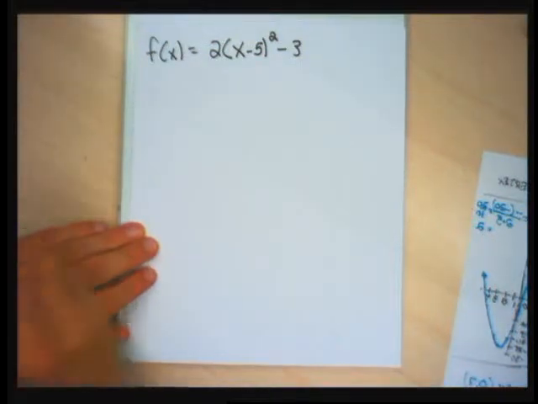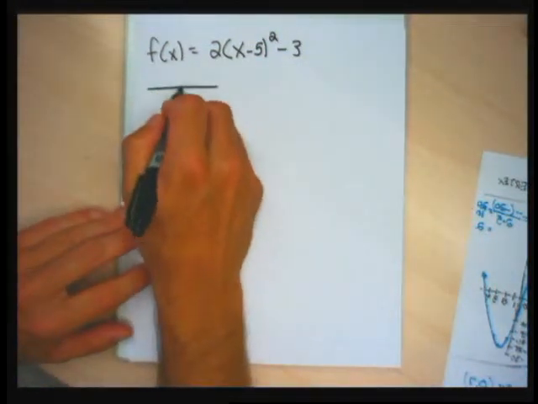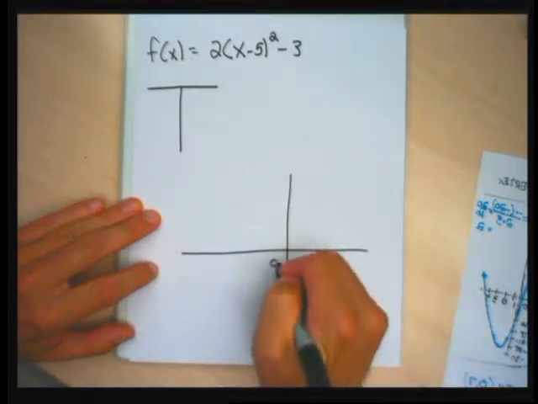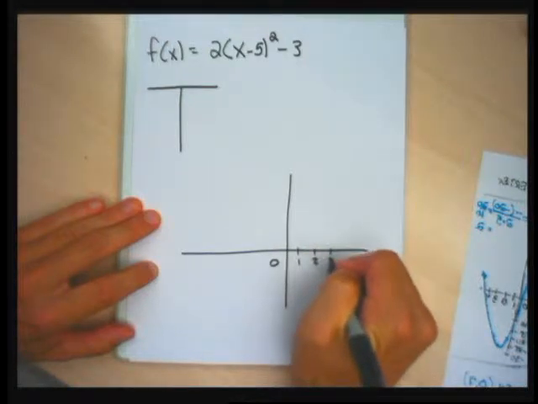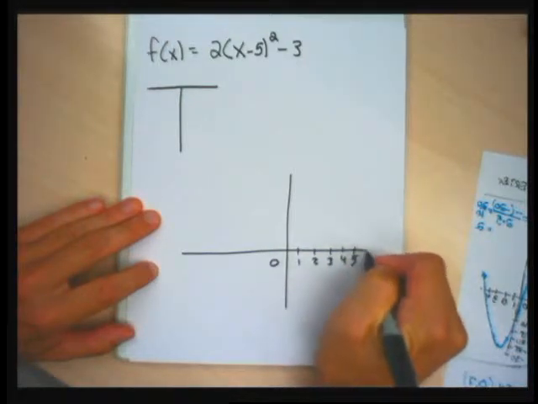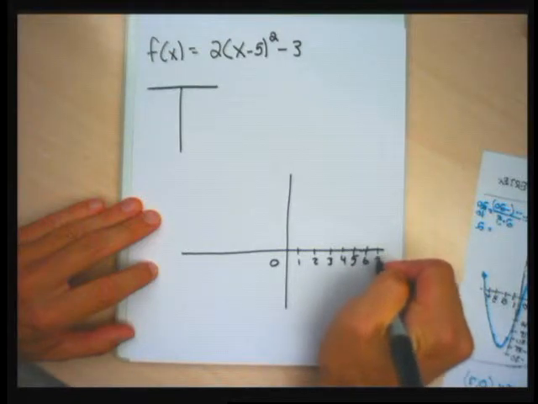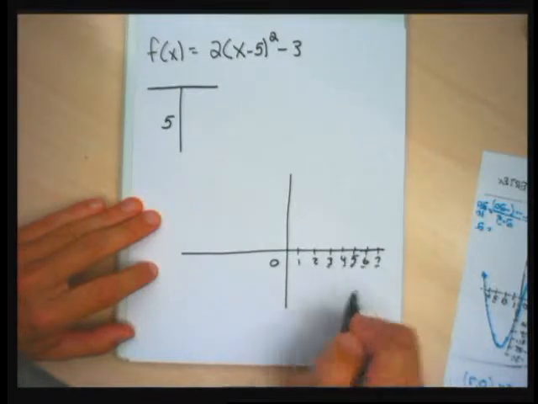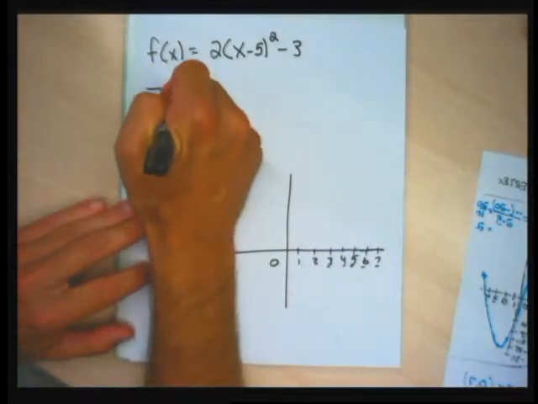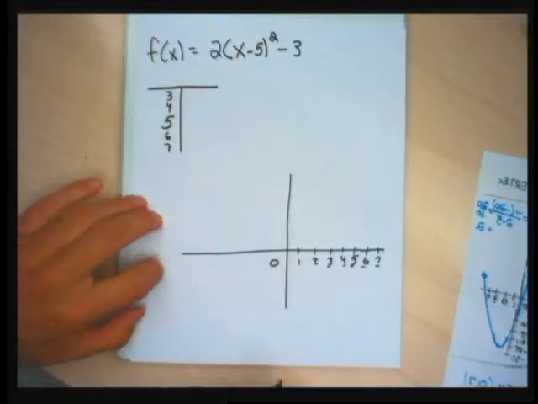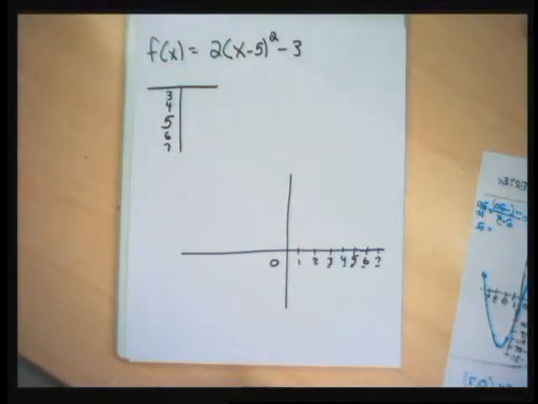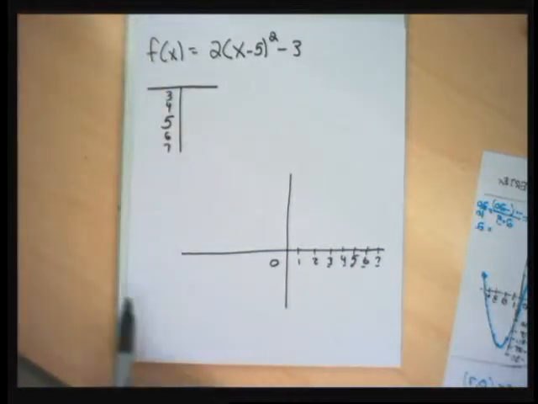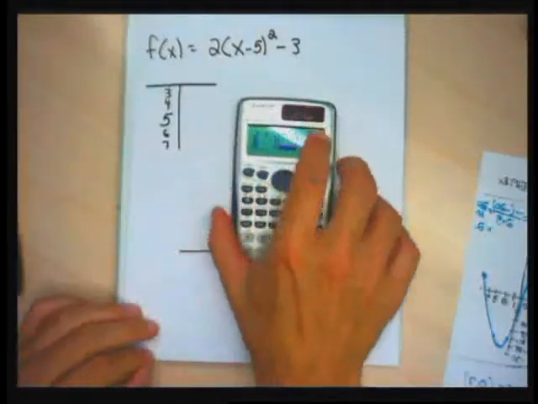So if I was doing this one, I immediately know I can get a starting table easily, because all I do is take the number inside the parentheses and change its sign. So the number inside the parentheses was -5, I change its sign. So my table is going to be 3, 4, 5, 6, 7. Once I find 5 on the x-axis, I go left and I go right. So this is the third style. So for 2 of the 3 styles of problems, the x values come for free. The other one I have to use the formula to get started.